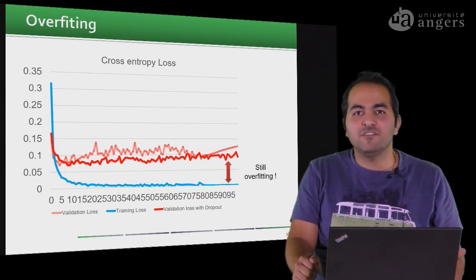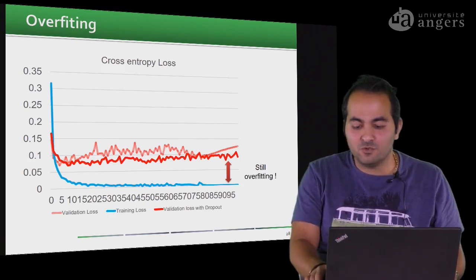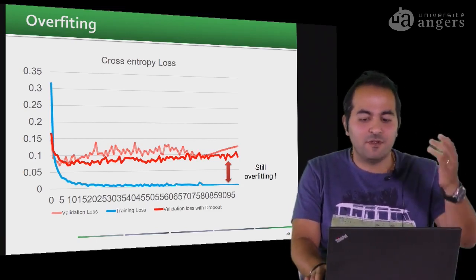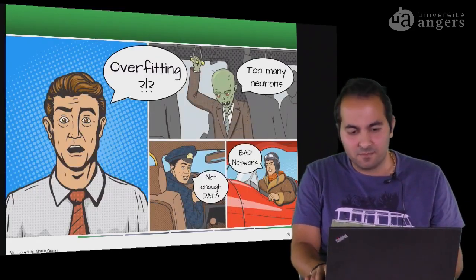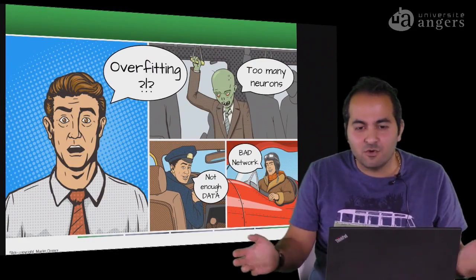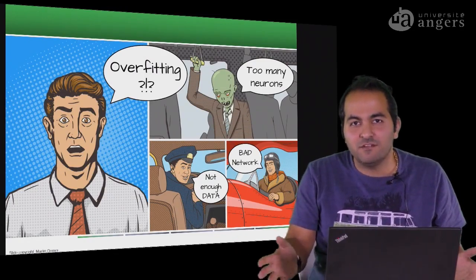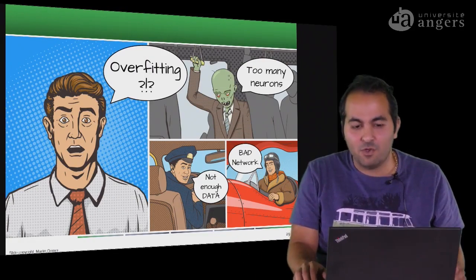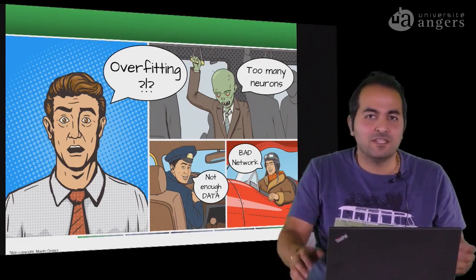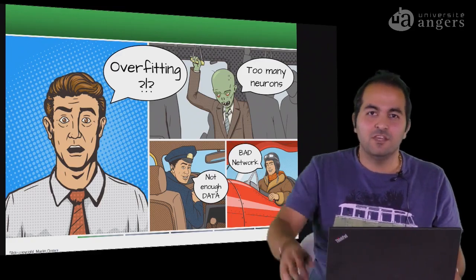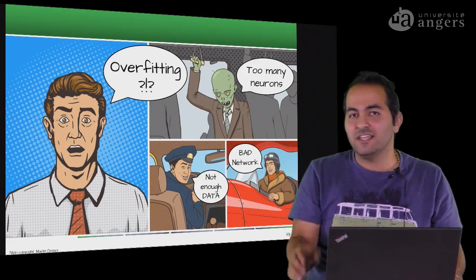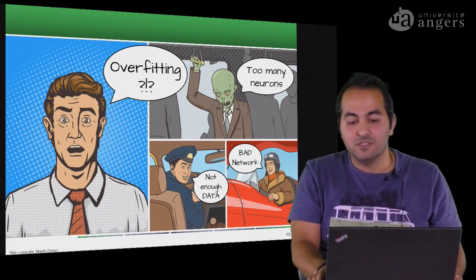So what can we do to solve this problem, as we want to reduce the overfitting as much as we can? The question is why, in general, we have overfitting. Maybe we have too many neurons: we defined 200, 100, 60, and 30 at each layer.